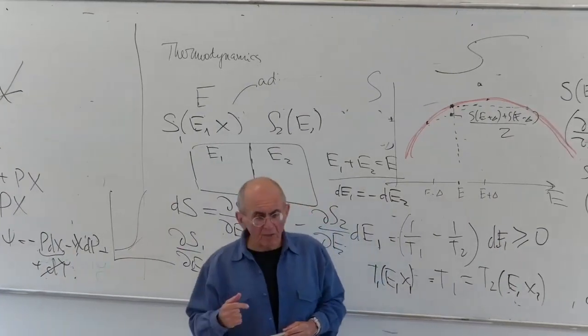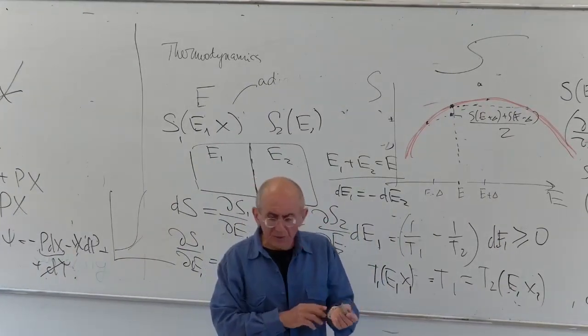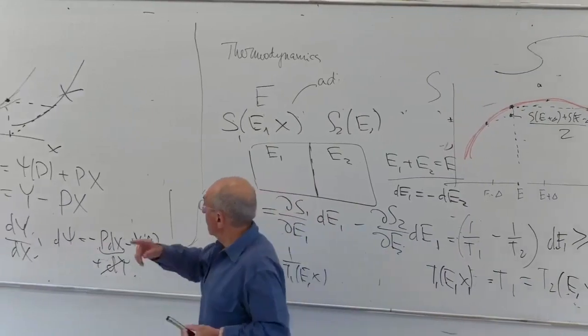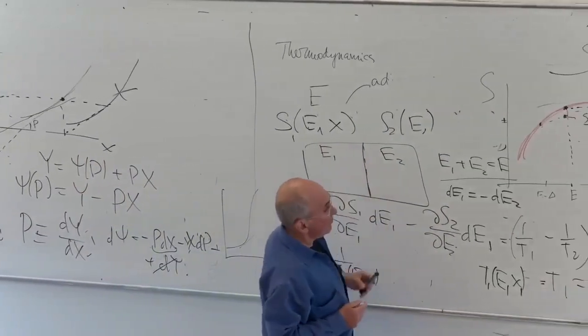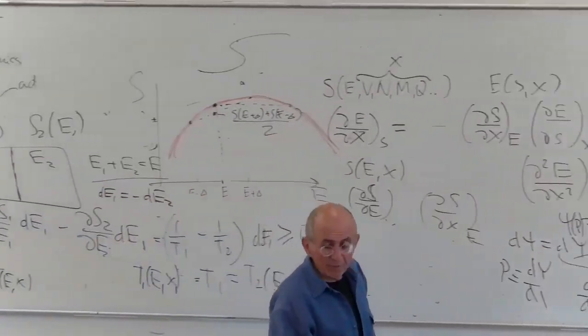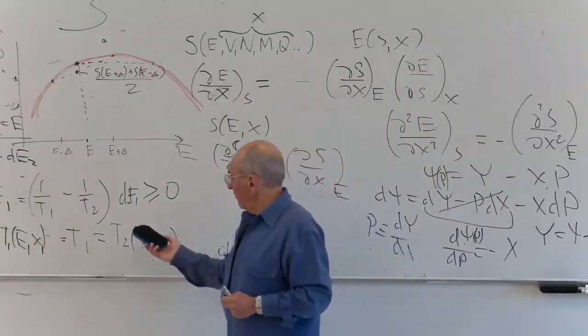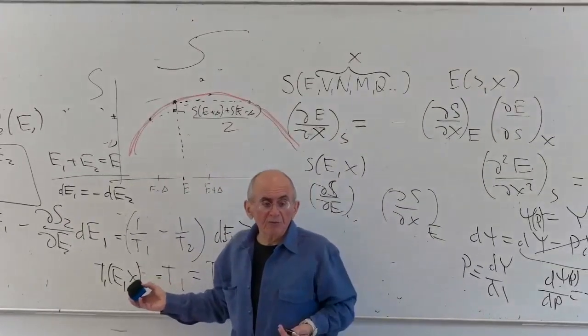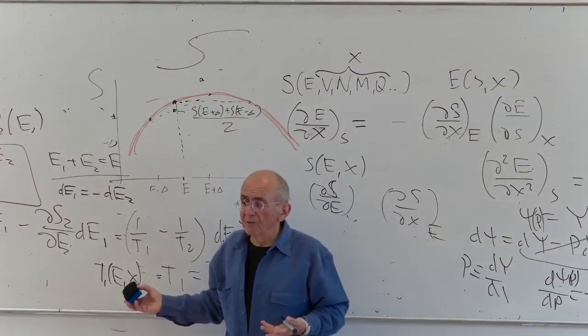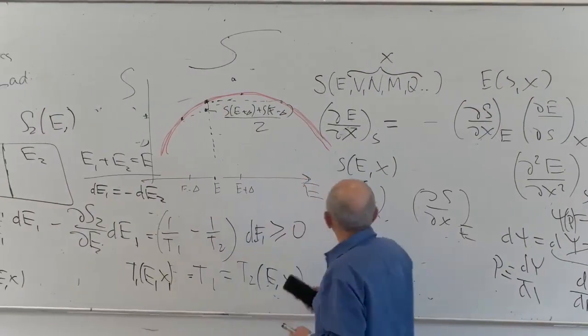And now, the last thing in this lecture is to apply this and pass from this function of E to some function of temperature. Because now, if I would really keep the system at the same temperature, it would be nice to have temperature as an independent variable, right?